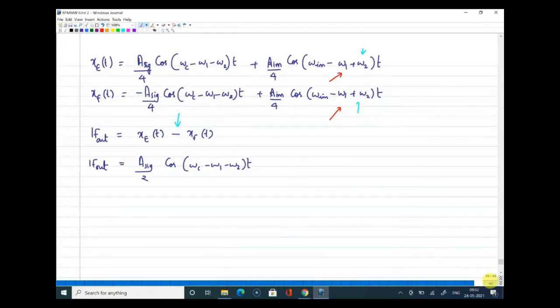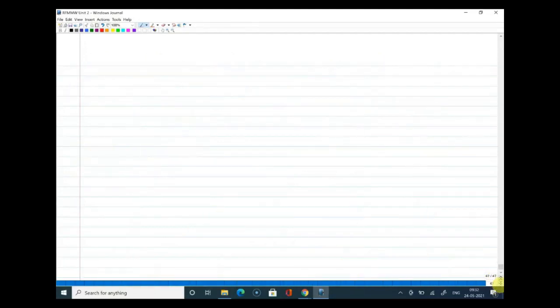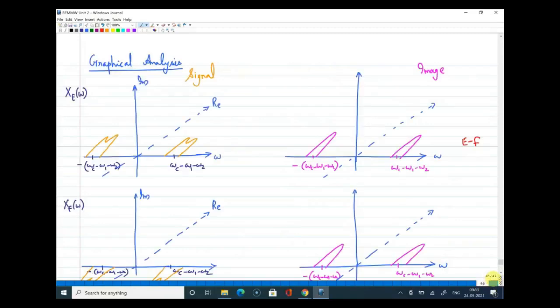But nevertheless, since we have two sets of mixers here, the Weaver architecture will have some problem, and we need to take care of that.